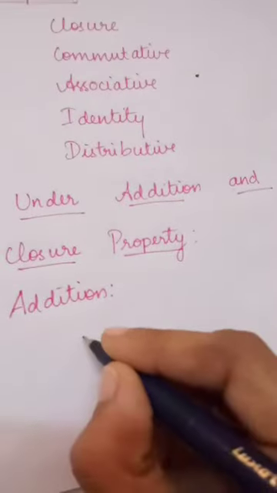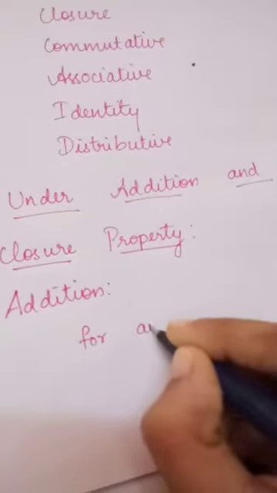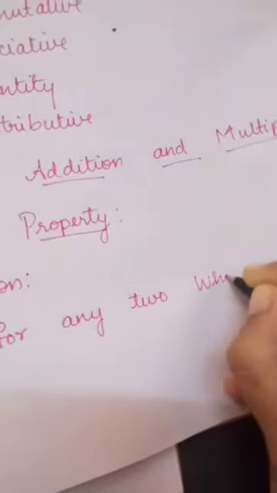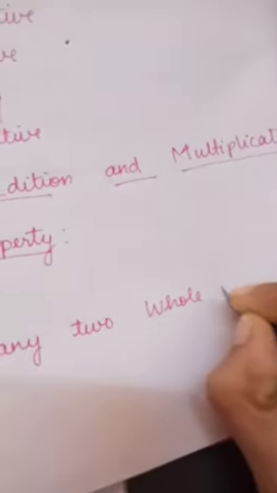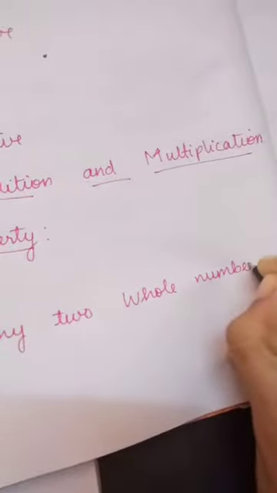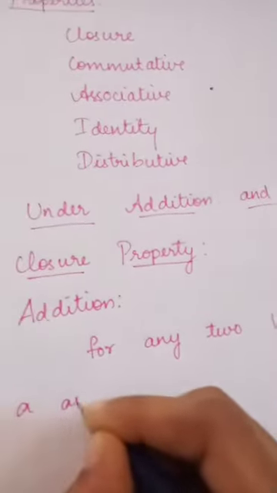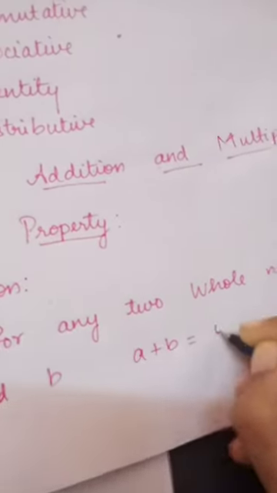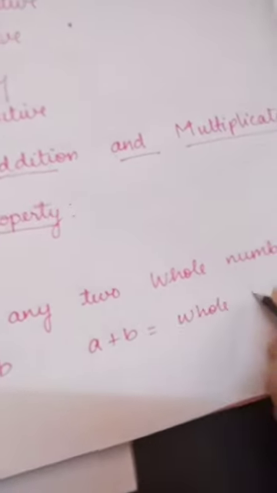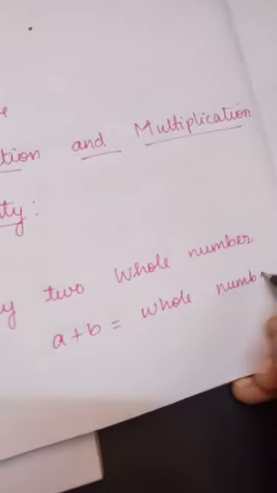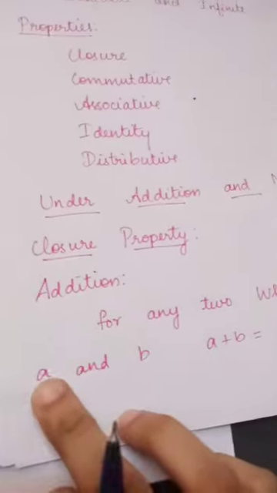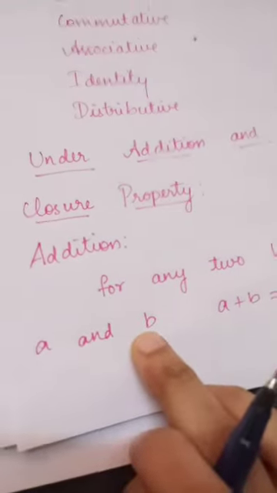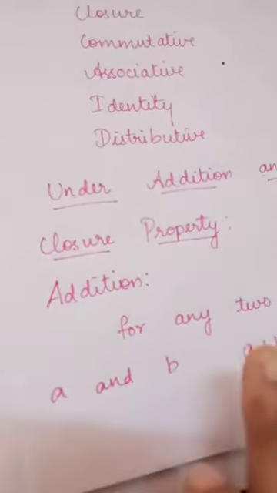The property is: for any two whole numbers A and B, A plus B is also a whole number. When we take any two whole numbers A and B and add them, our result will also be a whole number.